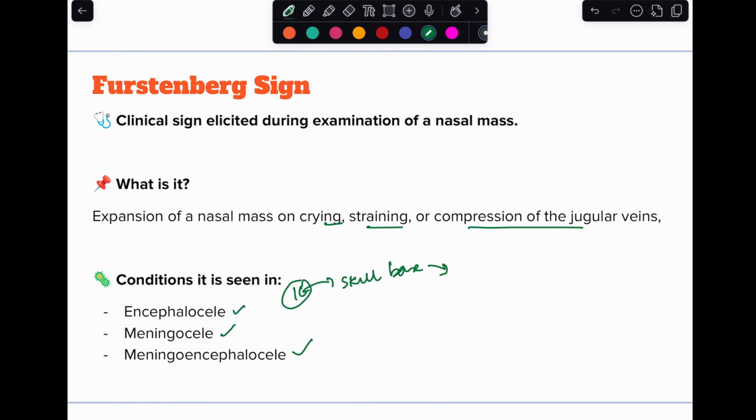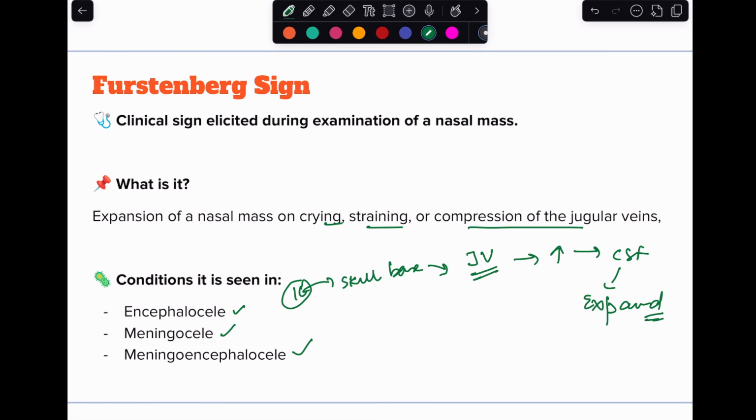And this nasal mass, when the infant is crying, or you are doing some kind of straining or doing the Valsalva maneuver, leads to jugular vein compression, leading to an increase in intracranial venous pressure. Now, because there is increased intracranial venous pressure, this raises the CSF pressure as well, leading to expansion of the encephalocele. This is the mechanism behind the Furstenberg sign.